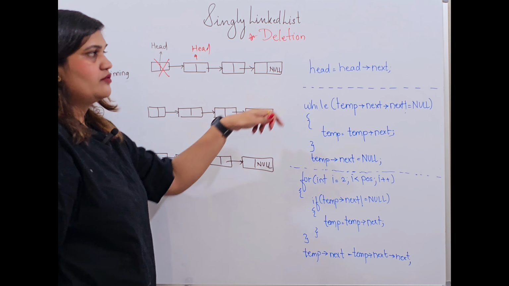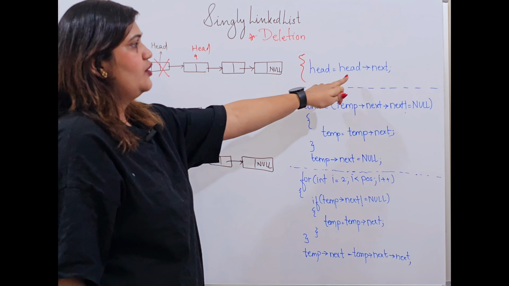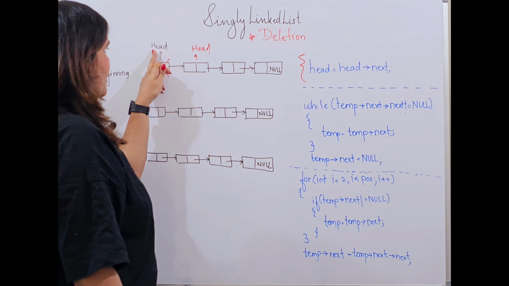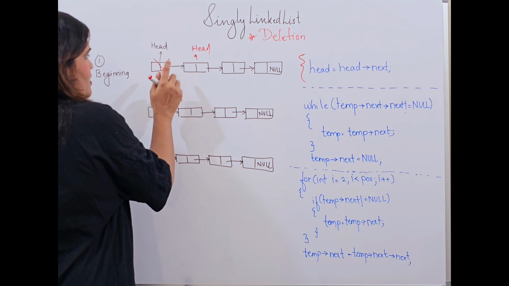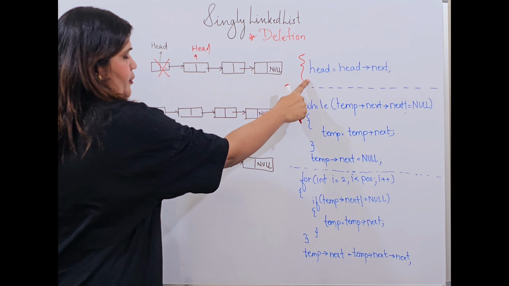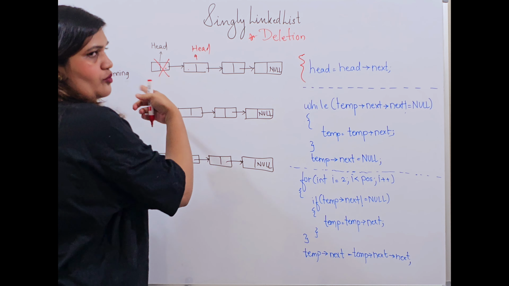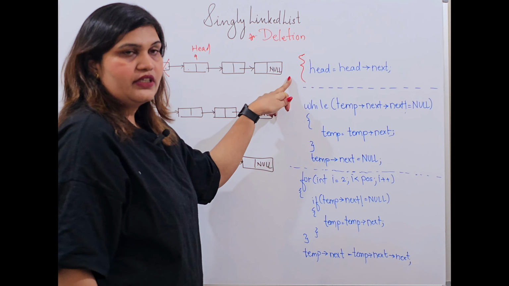That is the line of code here. What should be head? Head to next. This is your head. What was there in the next? Next had this value. So now this becomes your head, and this value is automatically deleted. Only one line of code.